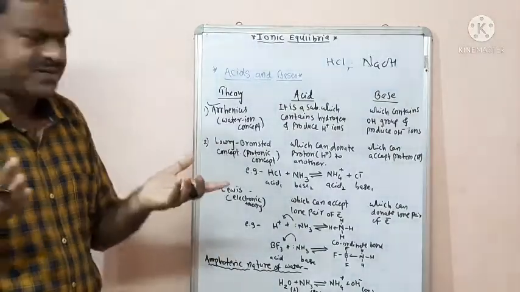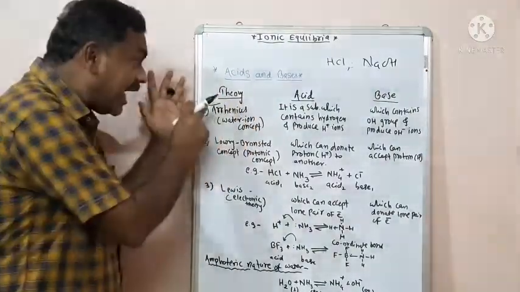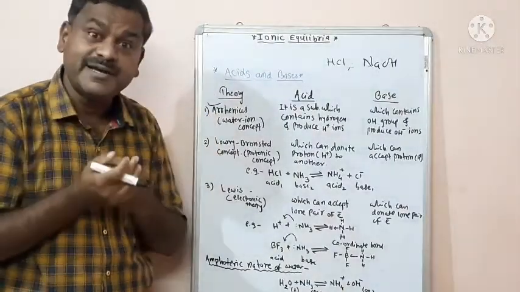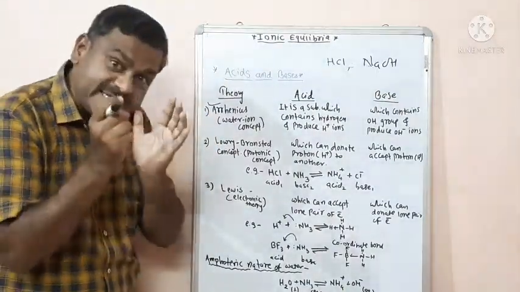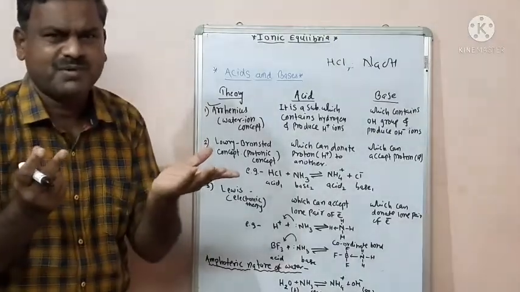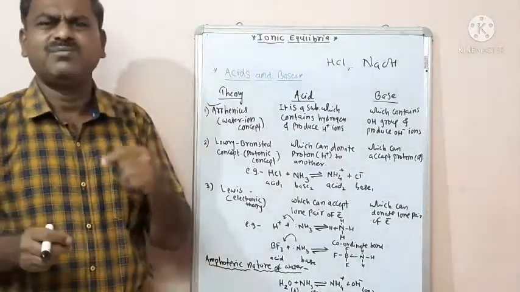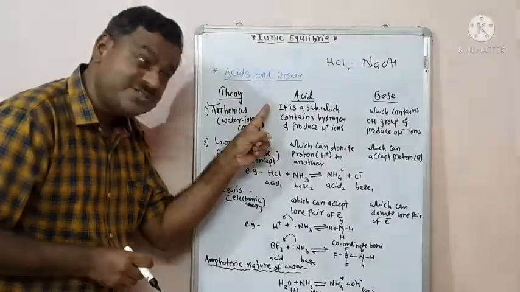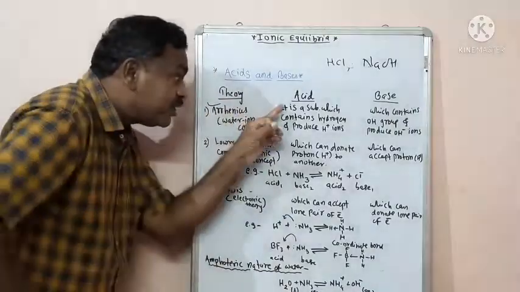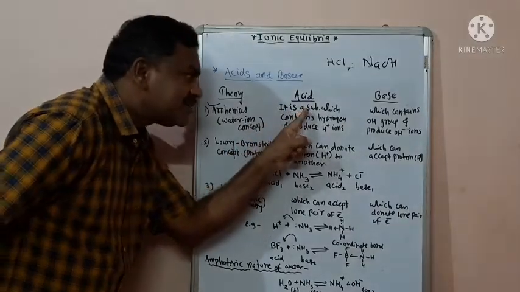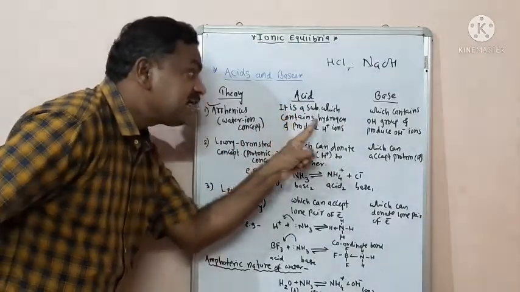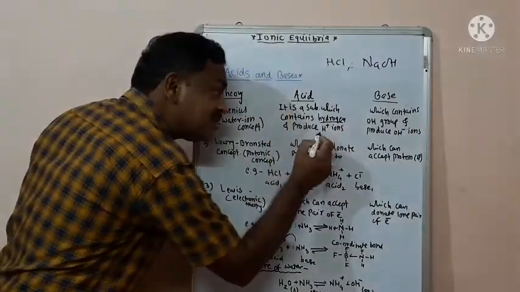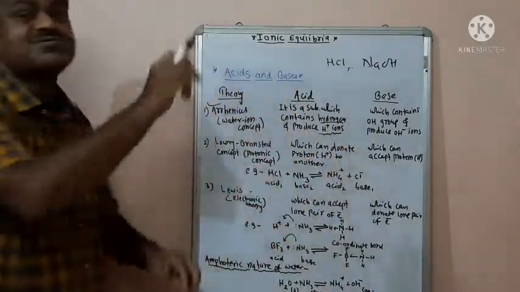According to the Arrhenius theory, an acid is a substance, whether molecule, atom or ion, which contains hydrogen and produces H plus ions.